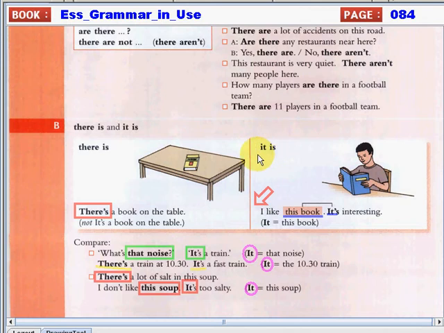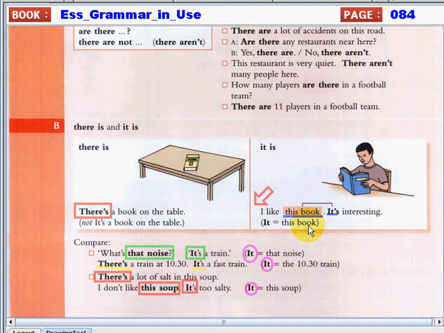Let's go now on how to use it is. Let's look at the picture. In the sentence here, the boy is the one who is telling a sentence. I like this book. It's interesting. It here is the same as this book.